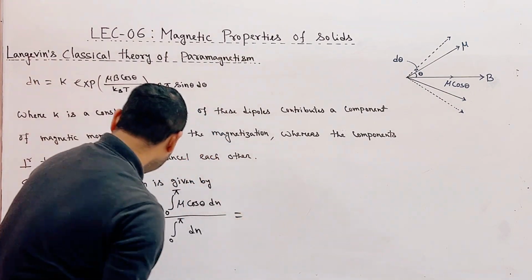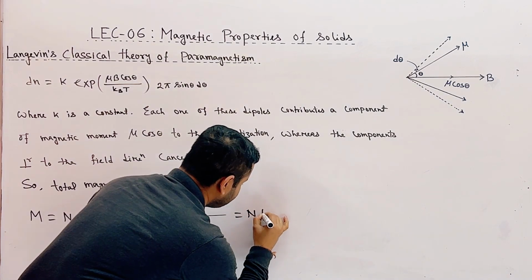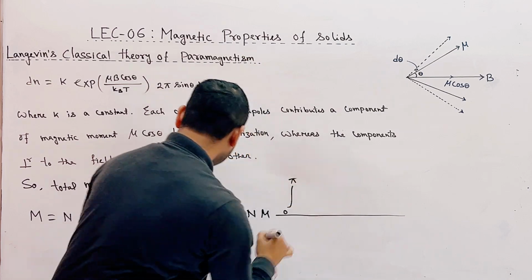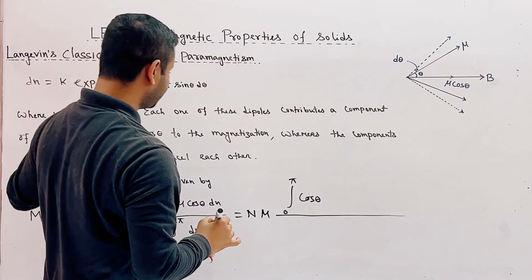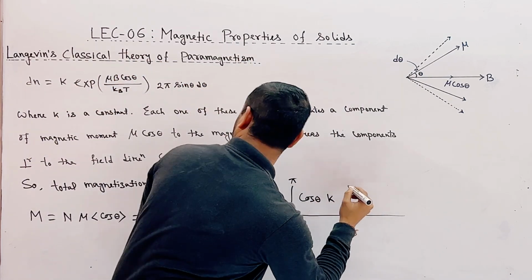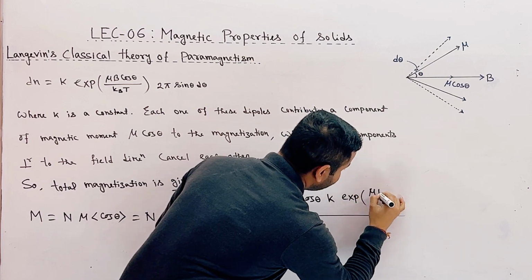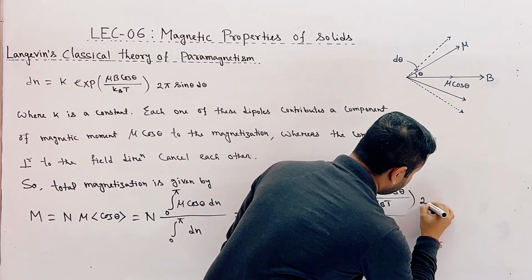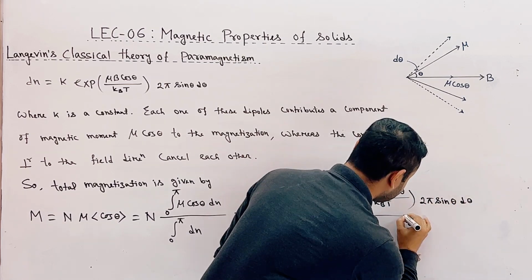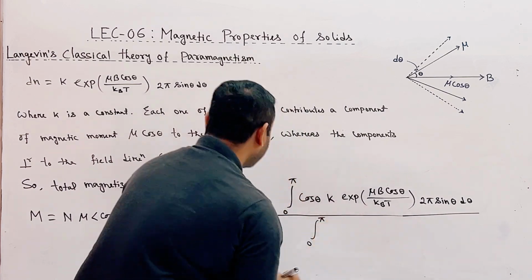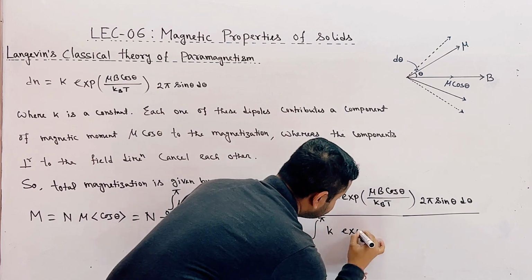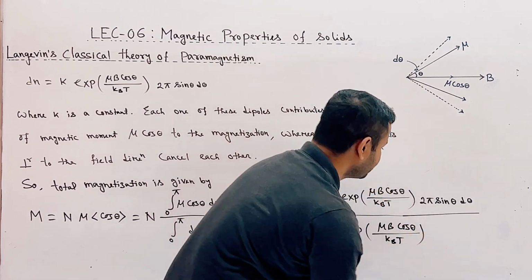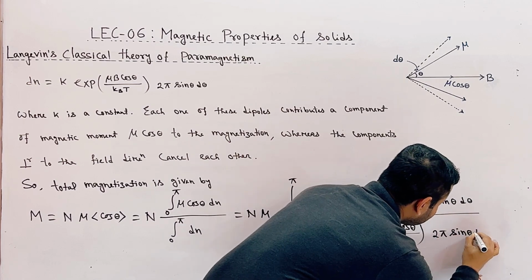So finally we will get n mu into integration 0 to pi cos theta into k exponential of mu B cos theta divided by kbT into 2 pi sin theta d theta, divided by integration 0 to pi k into exponential of mu B cos theta divided by kbT into 2 pi sin theta d theta.